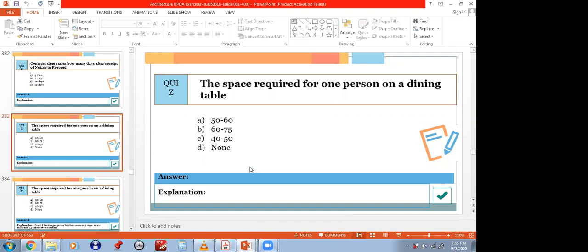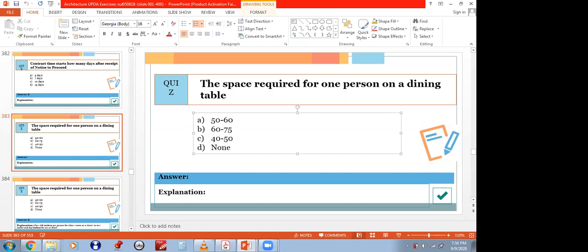Labibe, what are you saying? I cannot hear you. 50 to 60. 50 to 60, okay. What else? 450 by 450 mm. This answer is in what unit? This is in mm. This is in centi. Okay.